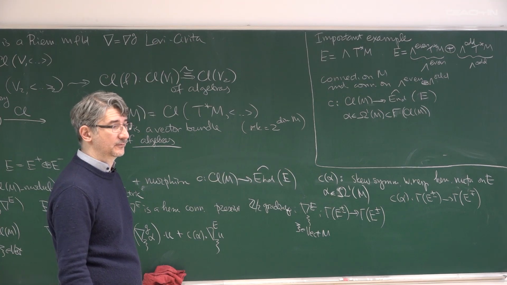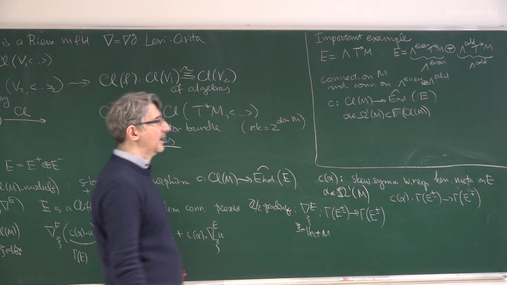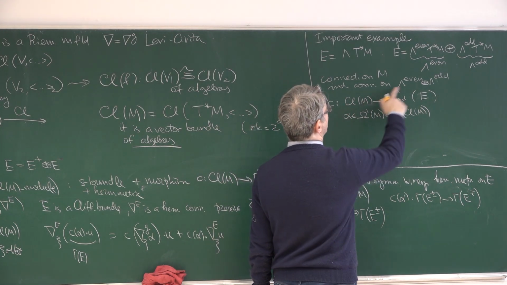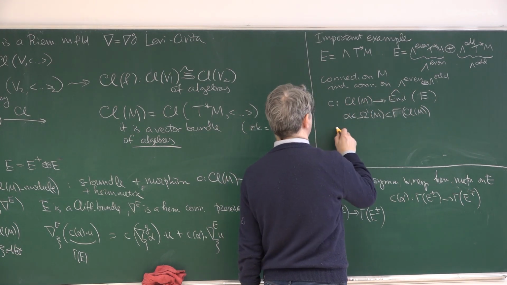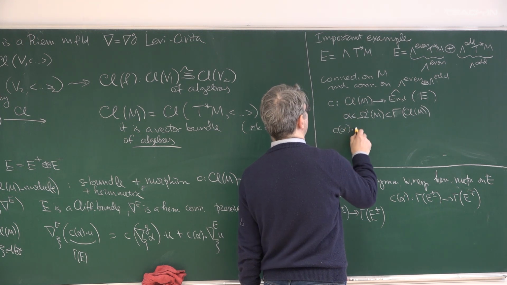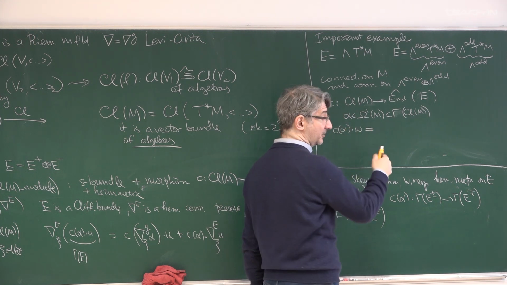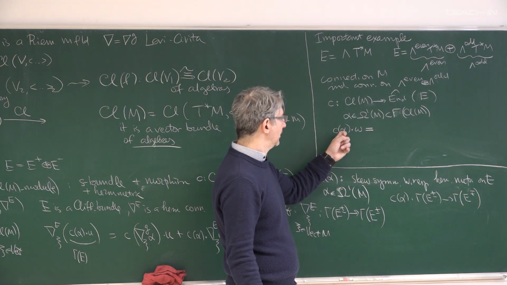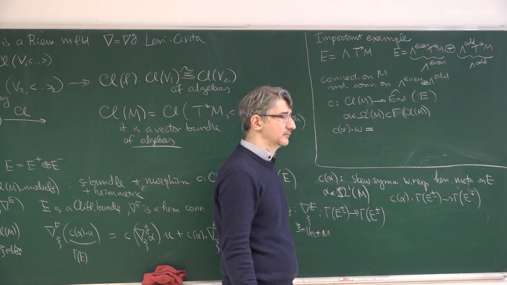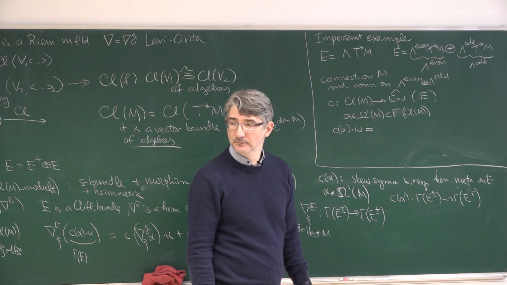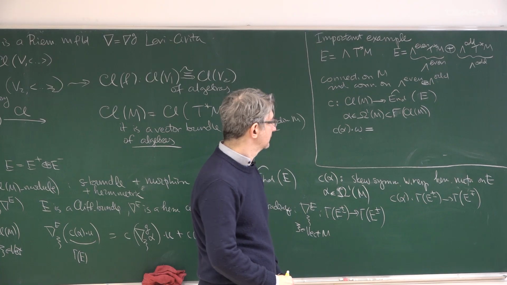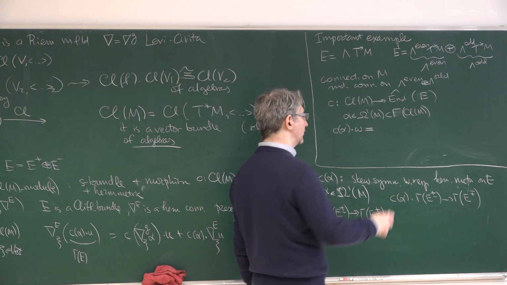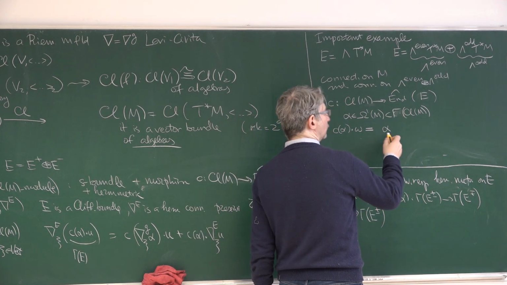Very important question. I hope you remember how alpha acts on differential forms. So C alpha applied to a differential form, there is an explicit formula how to act in a Clifford way by alpha on a differential form. Yes, there are two summands.